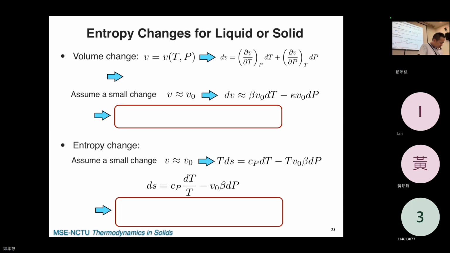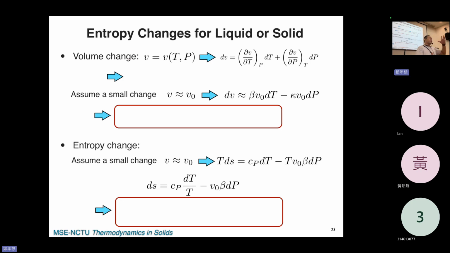Okay, continue, almost there, chapter 3. So now let's take a look at entropy change for liquid and solid. Previously, we talked about entropy change for gas, ideal gas. What's the difference between gas and liquid or solid? Liquid or solid has a significant difference with gas in that the volume change is relatively small compared to gas.